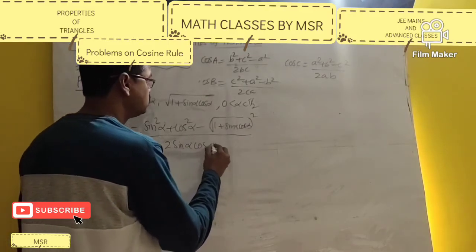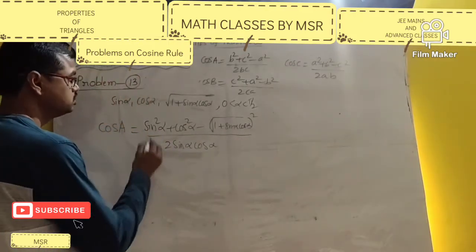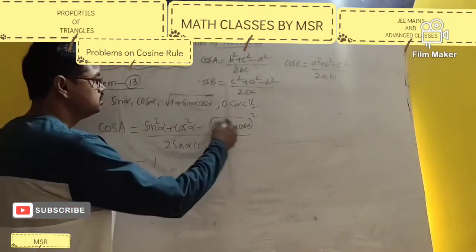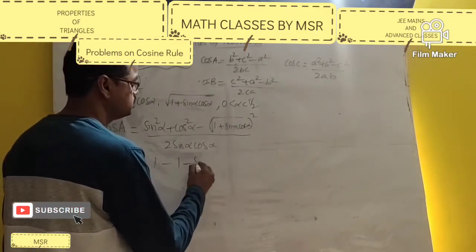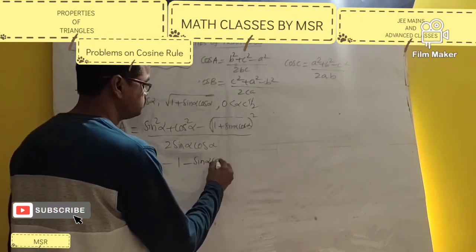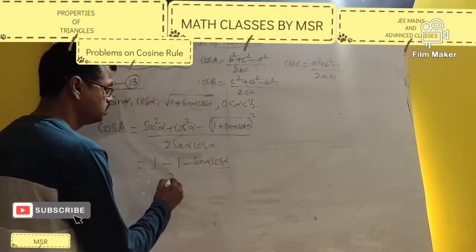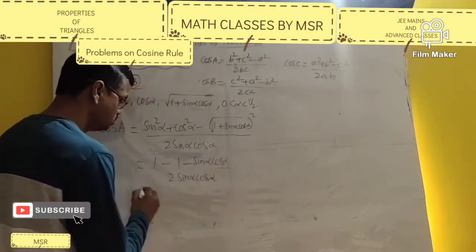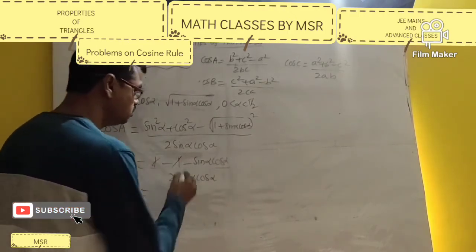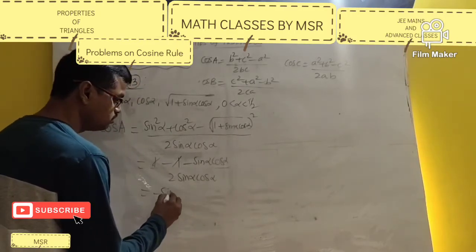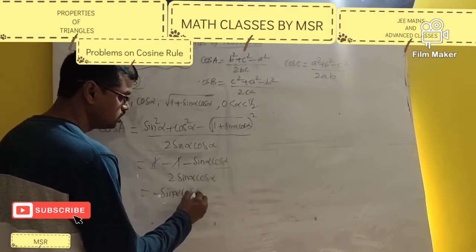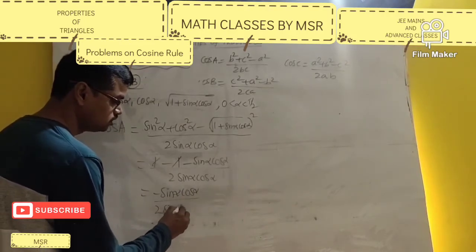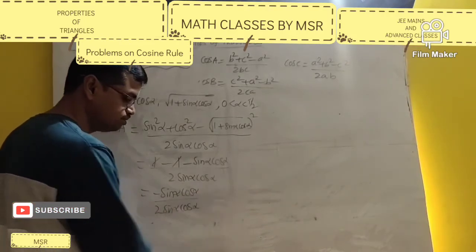What is sin square alpha plus cos square alpha? We know the identity, it is 1. So this is 1 minus 1 minus sin alpha cos alpha by 2 sin alpha cos alpha.